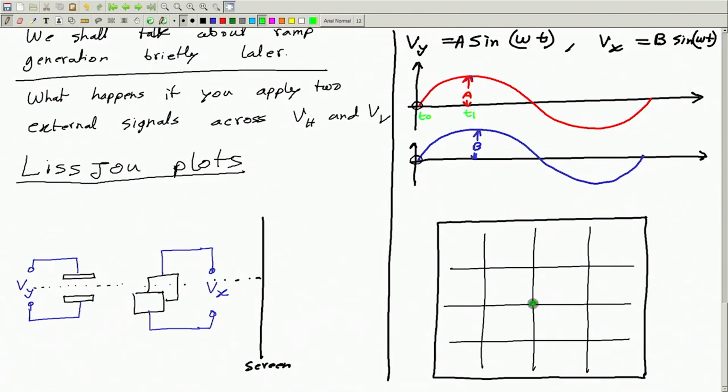So we will have the y position here, this height proportional to a, the amplitude of Vy, and this proportional to b, the amplitude of Vx. From here to here the dot will traverse like this.